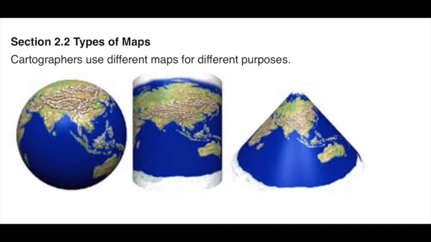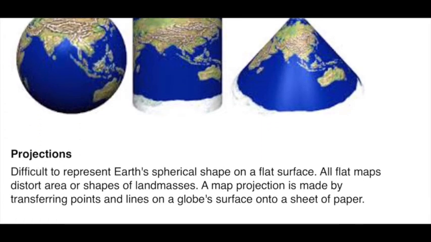Anywhere along that line where the globe is touching that projector, that's going to be very accurate. Anything farther away from that line is going to be more iffy. Okay, so you're just giving up clarity for convenience. And so you would use one map in one case, another in another case, depending on what the pros and cons of that map would be. So let's look at what projections are.